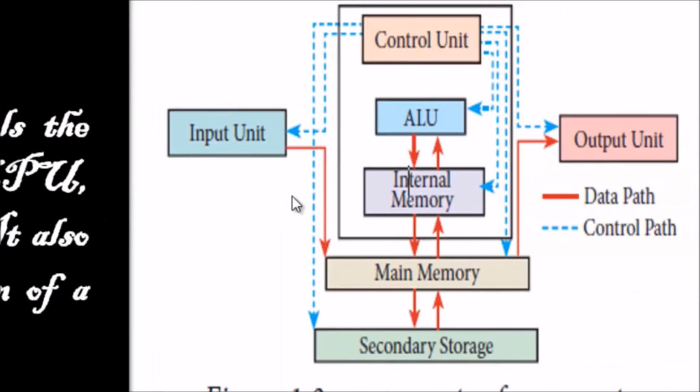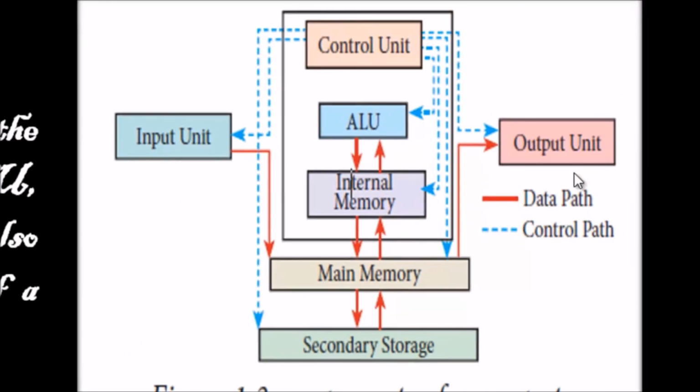Look at this picture: the input unit and output unit are here. The input units are keyboard, mouse, and mic. Within the CPU, the control unit is here, then the ALU, the arithmetic and logic unit, and the internal memory, that is registers. Some registers are used as memory; we'll see that later. This register is called internal memory.